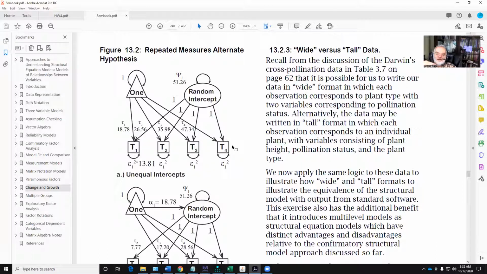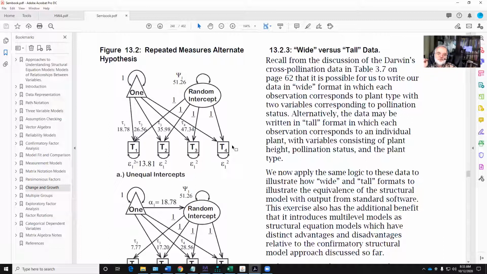Each record in the data set corresponds to one individual in my study, and I have 4 variables. The other way to think about the data is in tall format. In tall format, I have only one variable in the model, my dependent variable, an ID variable indicating who this is, and a time variable that indicates what measurement occasion it is.